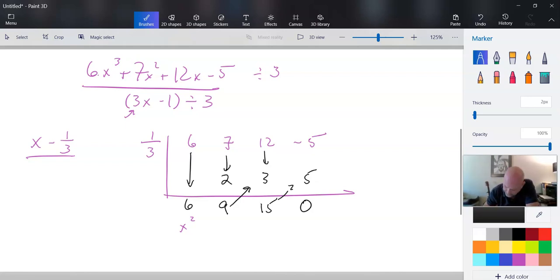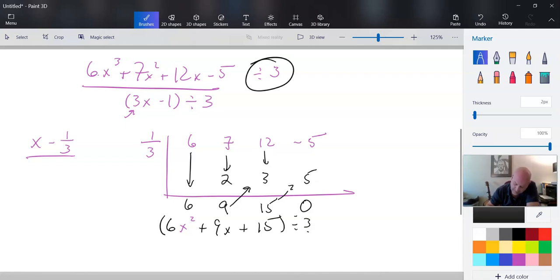Here's the issue though. We divided the top and bottom by 3, so we should get this back, right? We should get 6x squared plus 9x plus 15, and then we have a remainder of 0. But we haven't done this division by 3 yet. So what we have to do is divide this whole thing by 3. And basically what that does is this, right?